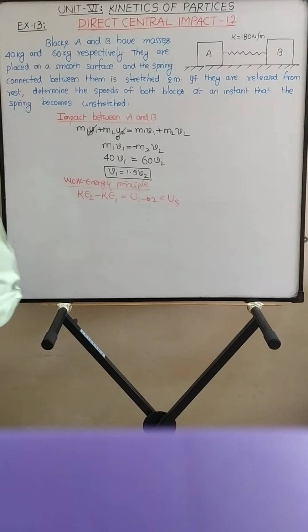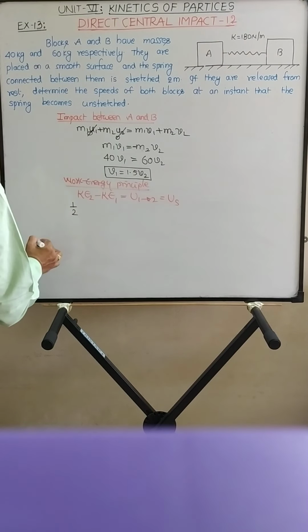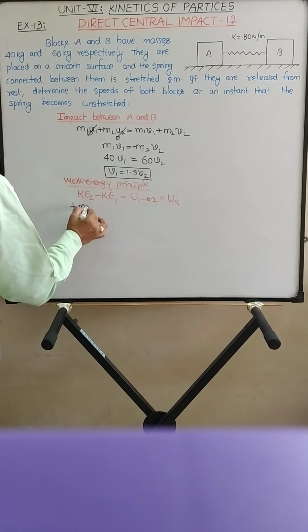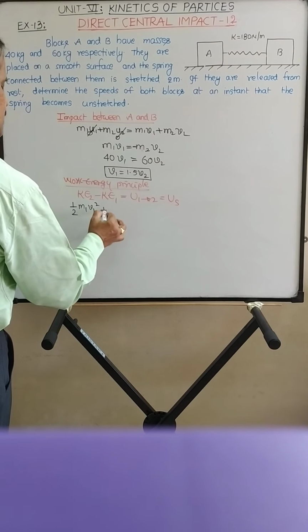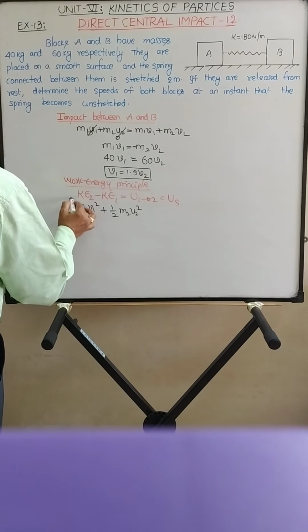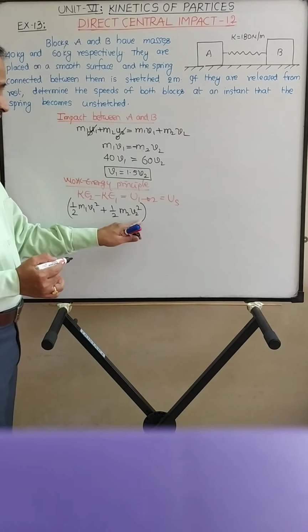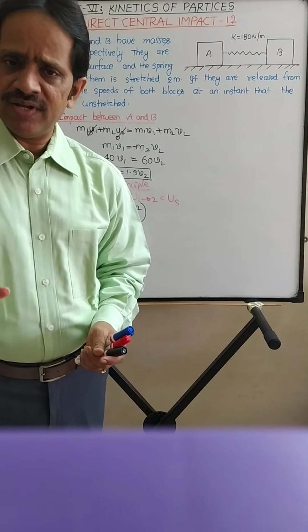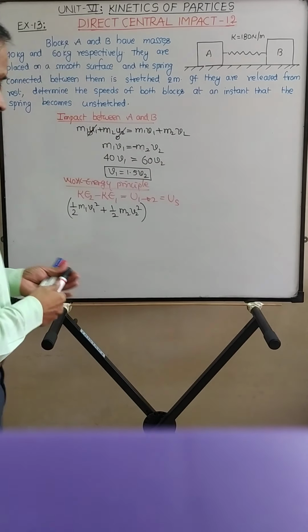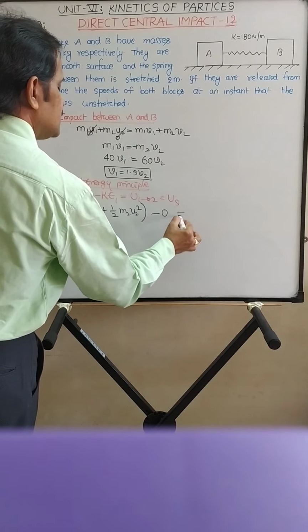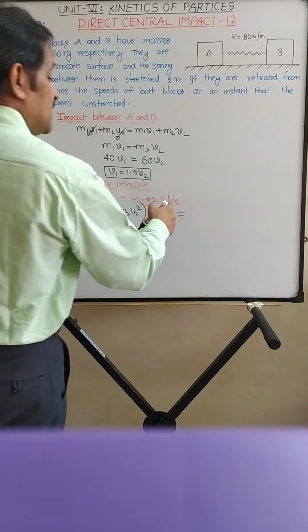So KE2 is half m1 v1 square plus half m2 v2 square. This is the total kinetic energy at position 2. Kinetic energy of body 1 plus kinetic energy of body 2 minus initial kinetic energy, which is 0, is equal to work done by the spring force.